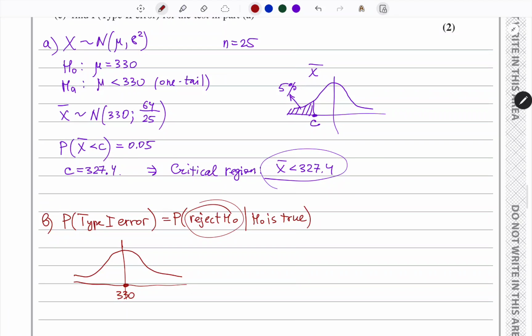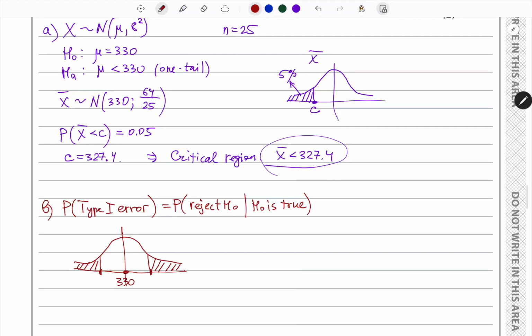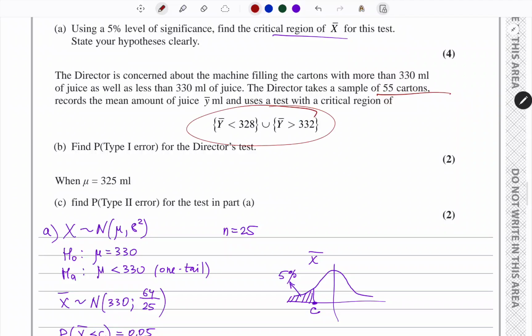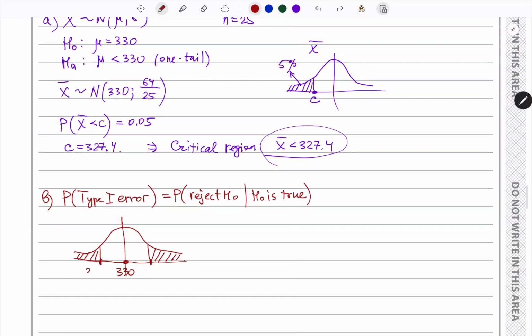And how do we reject the null hypothesis? If the sample mean falls in one of these two critical regions. The critical region splits into two parts, the left one and the right one, because it's given in the task: 328 and 332.